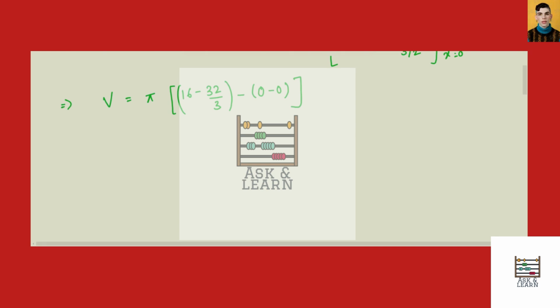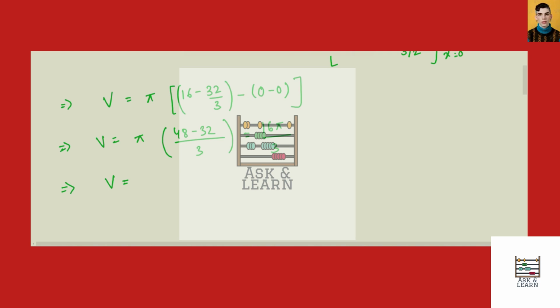Now V equals pi times 48 minus 32 divided by 3. That will be 16 pi by 3. Now we can easily say that this is the volume covered by the rotation about y equals 0.